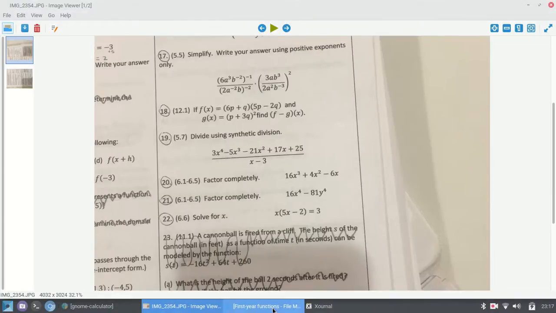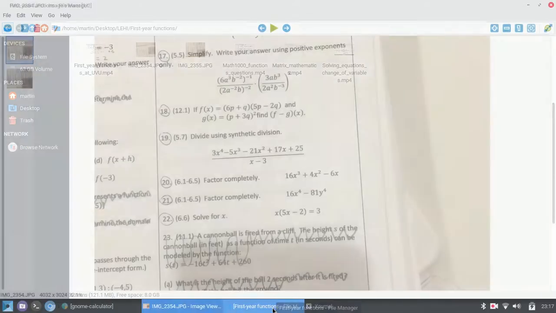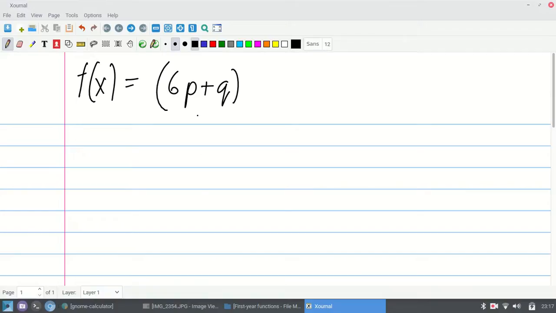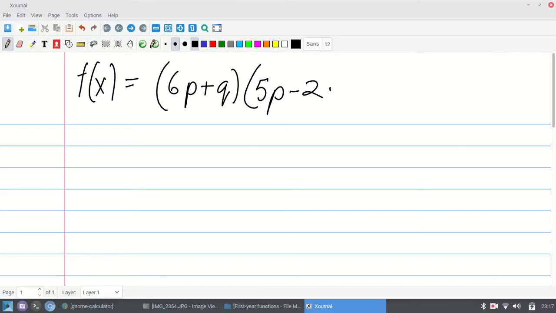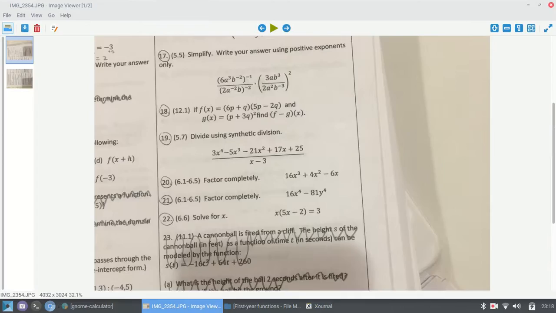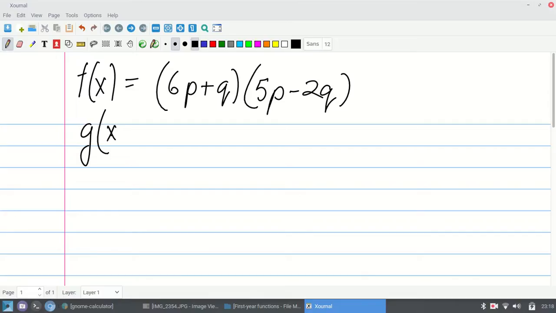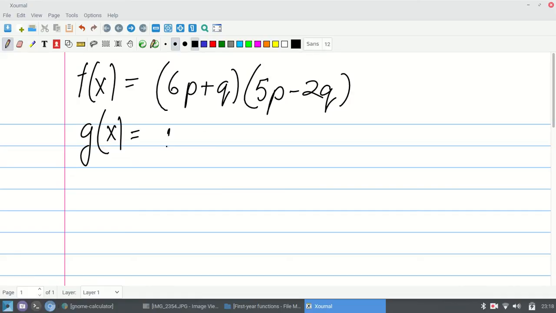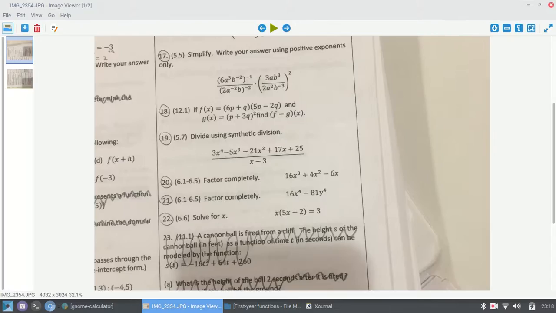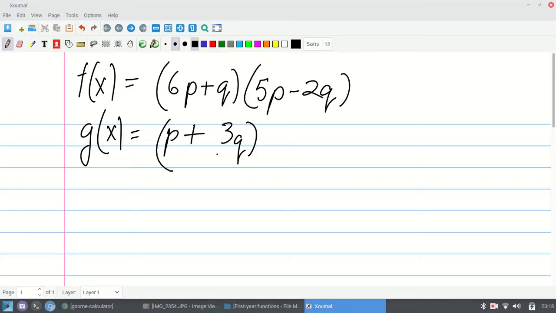Next, it tells you that f of x, some function of x, is equal to 6p plus q times 5p minus 2q, and that g of x equals p plus 3q squared.